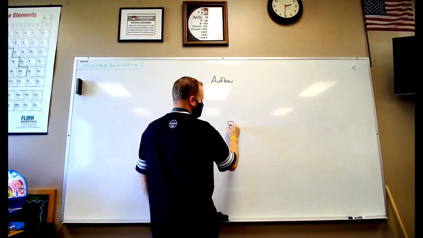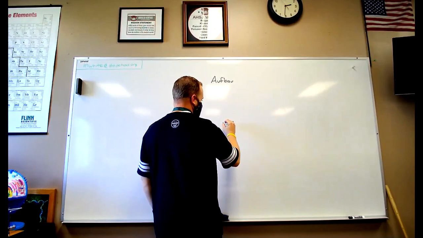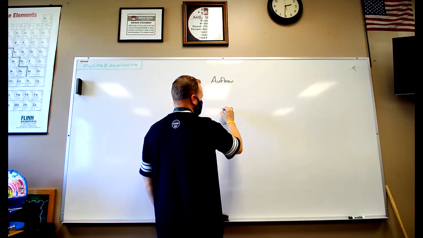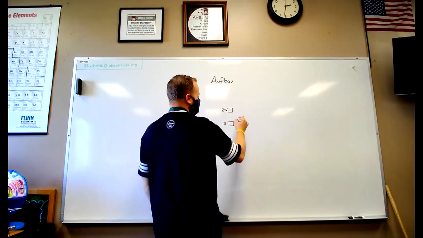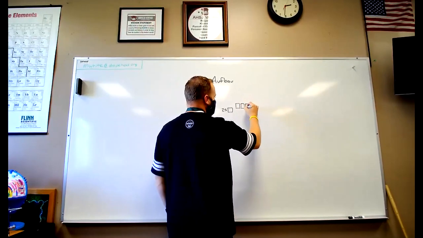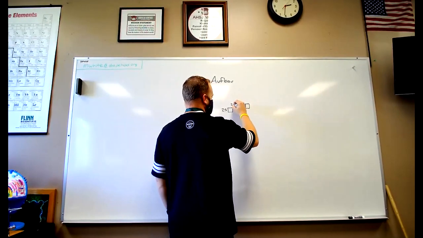We've got this box, it's labeled 1s. Now above that, you have the 2s. And then off to the side of that, we have 3 boxes, which are labeled 2p.